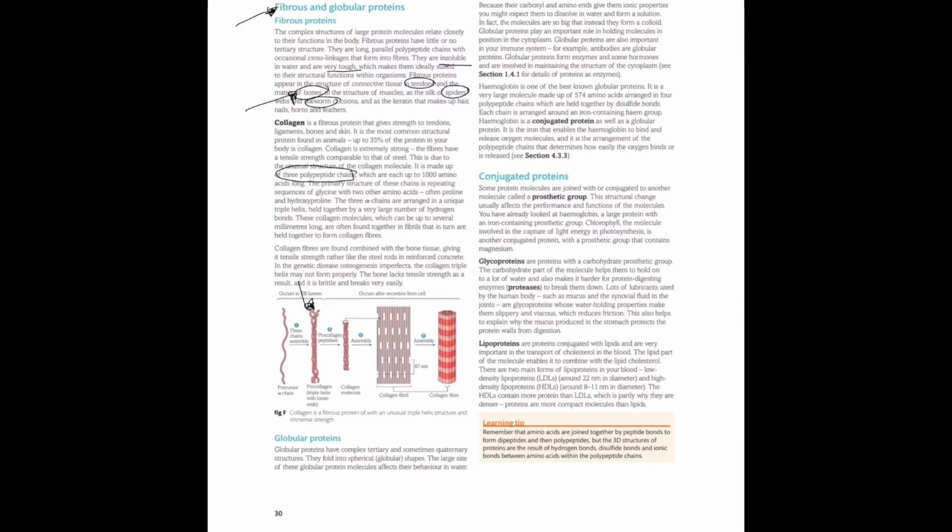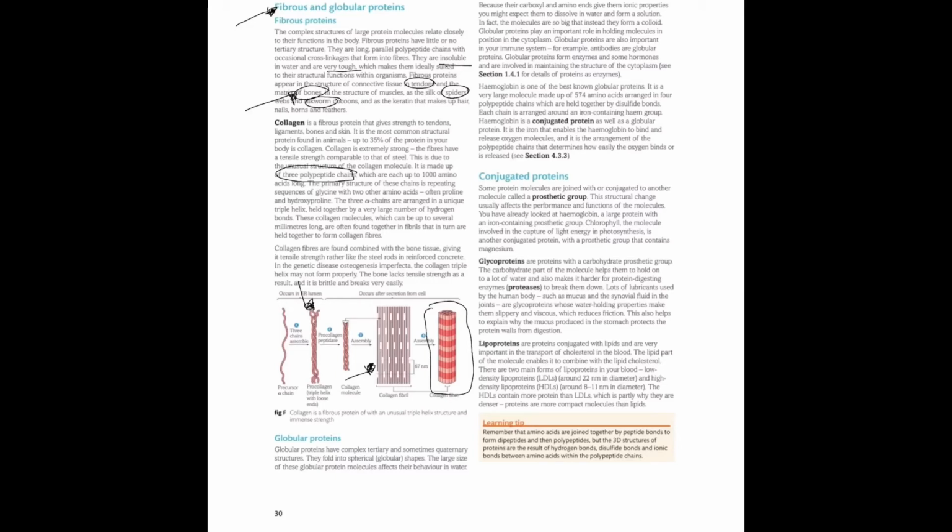So you've got a triple helix, and that triple helix is going to be held with other triple helixes. And so the whole thing becomes a collagen fiber. So they've got a really tough structure. And collagen is what they'll pump into lips to make them bigger. It's because it's very strong, so it will stay there.